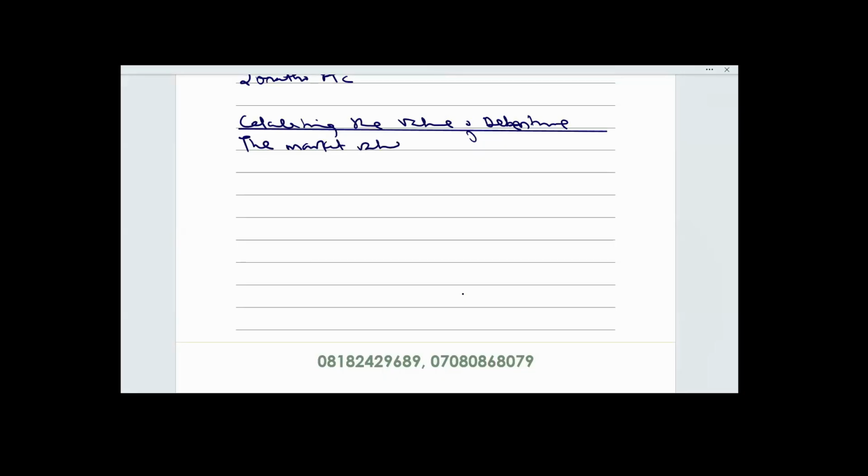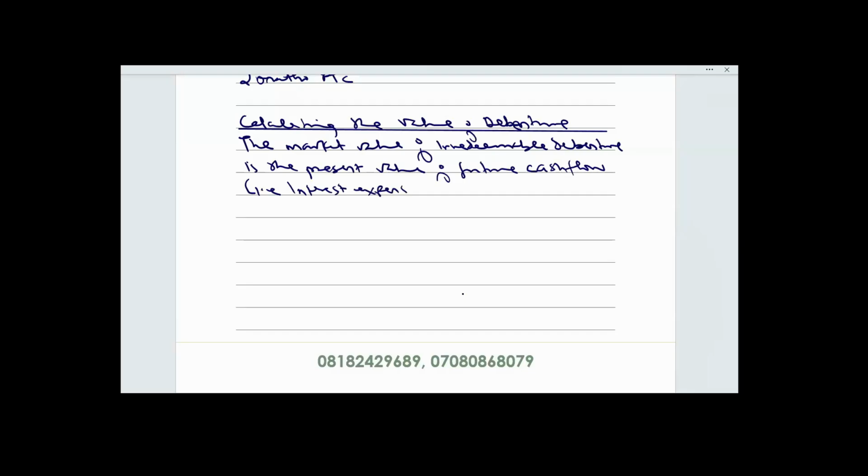The market value of irredeemable debenture is the present value of future cash flows, that is, interest expense, discounted at the yield.